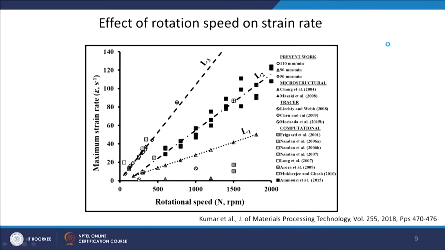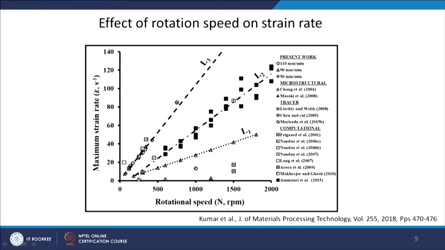There is another one from another paper, okay, where we have actually found out the strain rate reported by different people using microstructural analysis and computational work. Okay. The strain rate, you can see there is a wide variation in the strain rate reported in the literature.